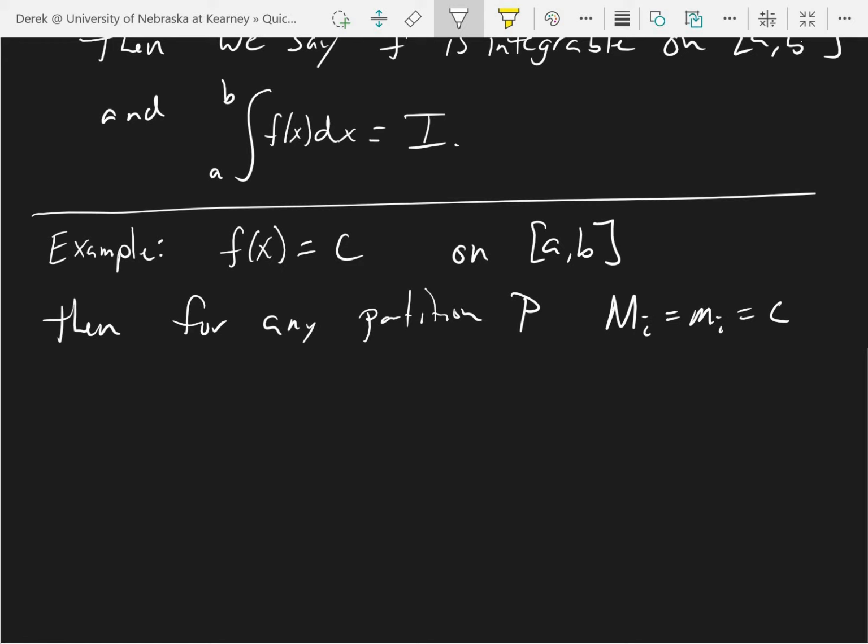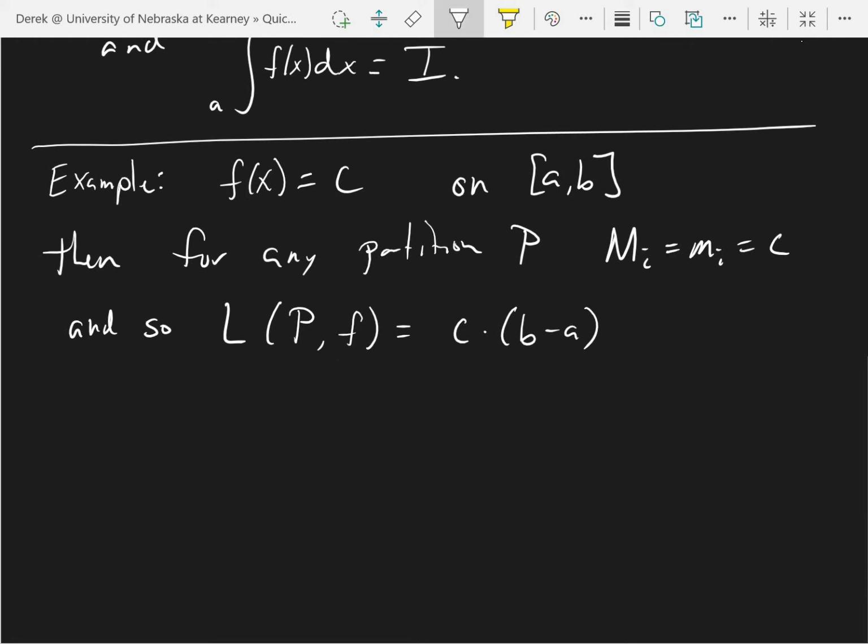And so the lower integral of that partition of f is equal to c times the difference between b and a. If you don't believe me, you can go back to that summation formula and add it all out, and you'll see the inside points in the partition sort of add and subtract, and it telescopes down to c times b minus c times a.